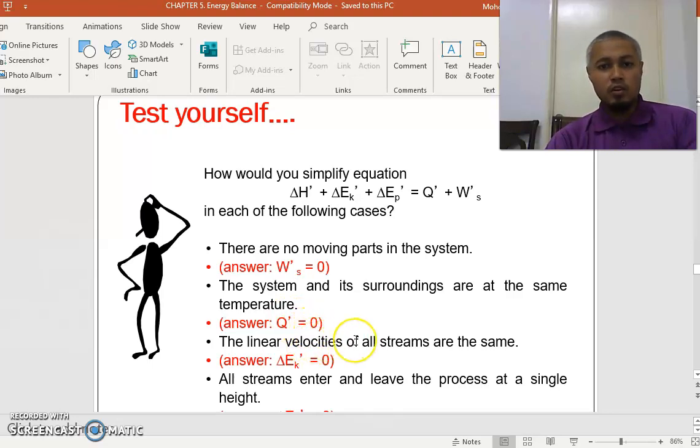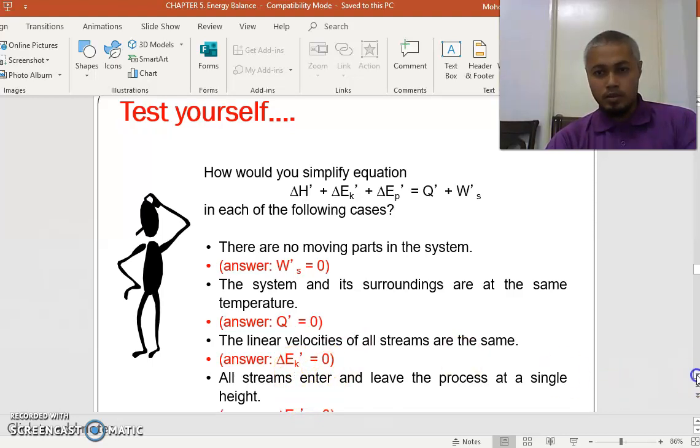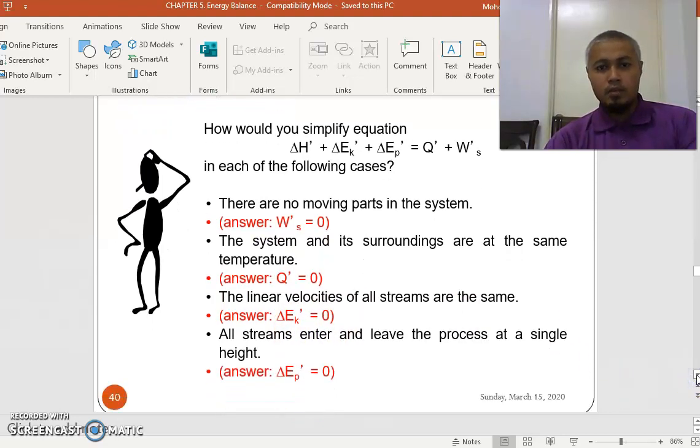If the linear velocity of all streams is the same, where that velocity relates to the kinetic energy formula, which is half mv squared, then delta EK will be 0. Last but not least, if all streams enter and leave the process at a single height, where no elevation occurs, we have delta EP equals 0.